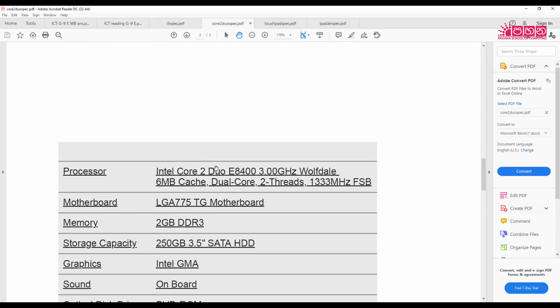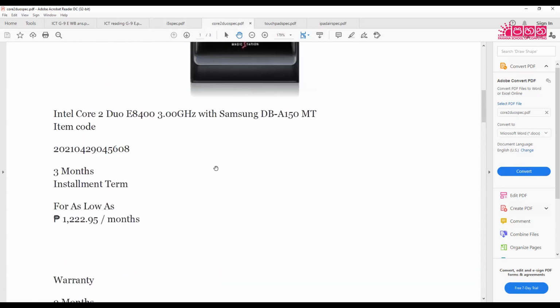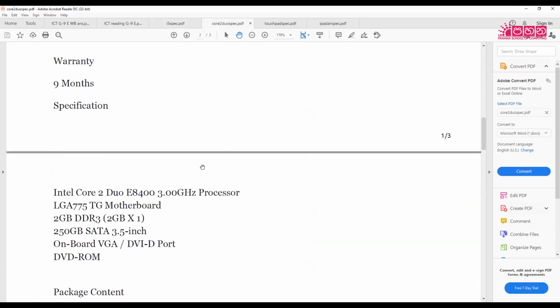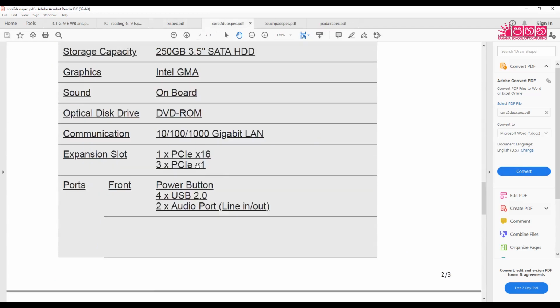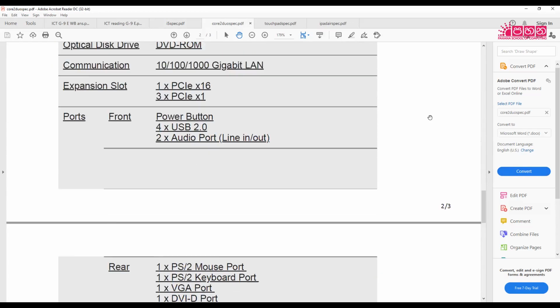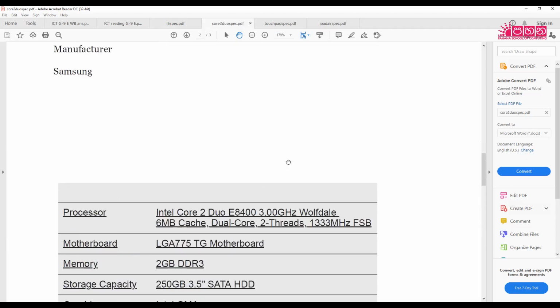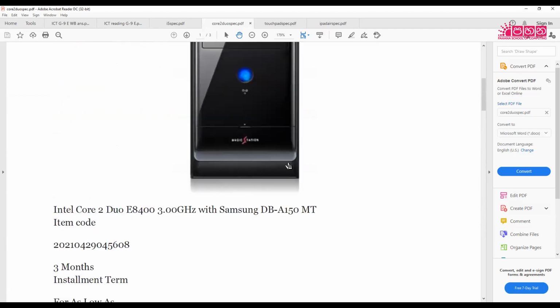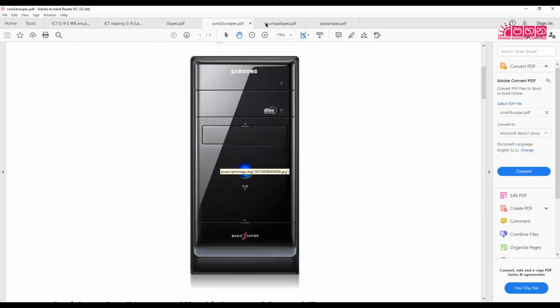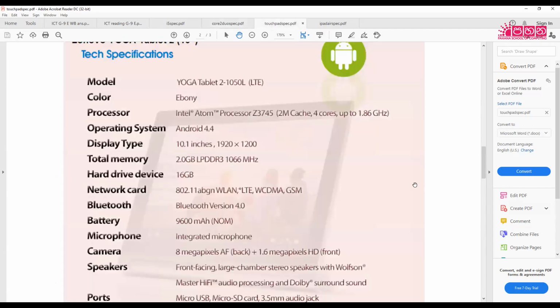Let's go to the other spec, but in this one, I don't think we have a monitor. Let me check, right? This one, actually, we have not thought about the monitor, so those details are not here. But let's move to the touchpad. The touchpad display size is 10.1 inches, right?